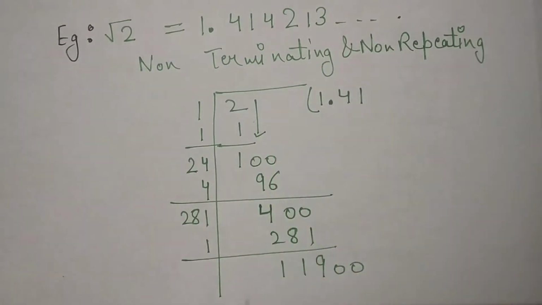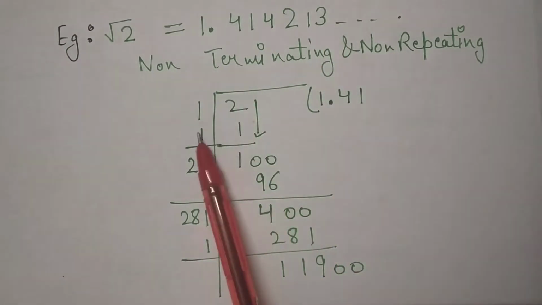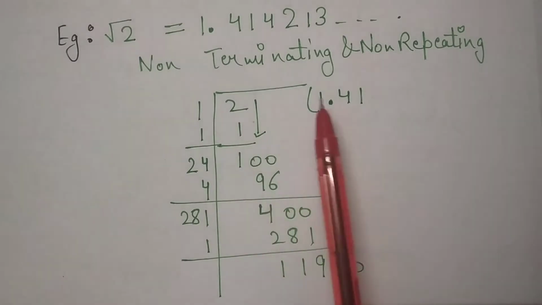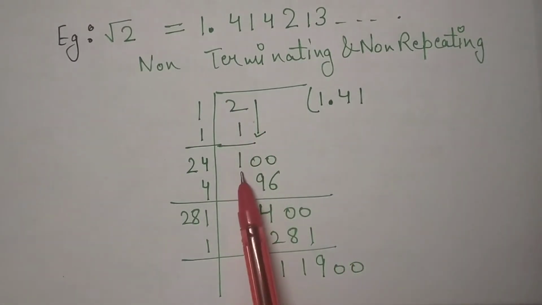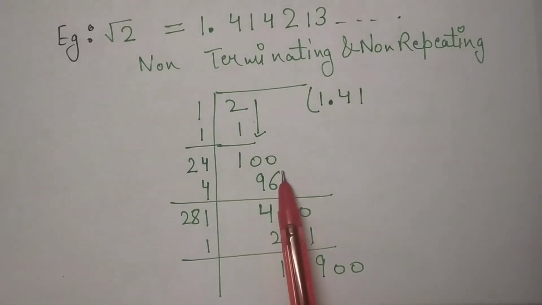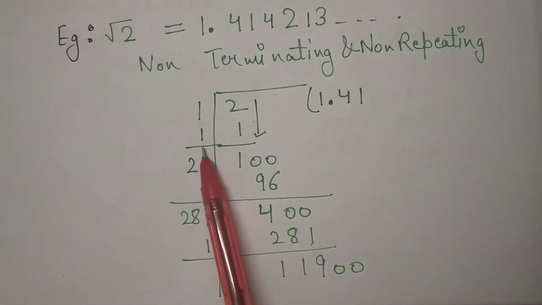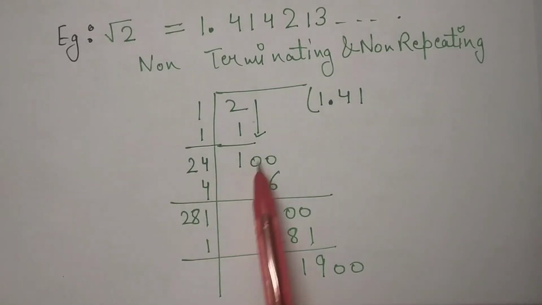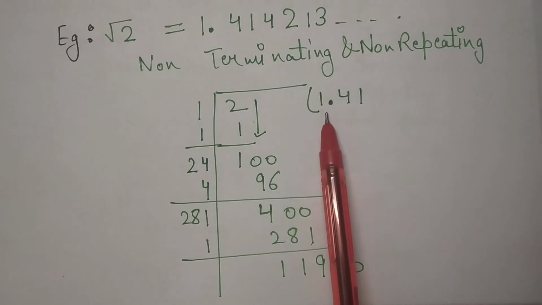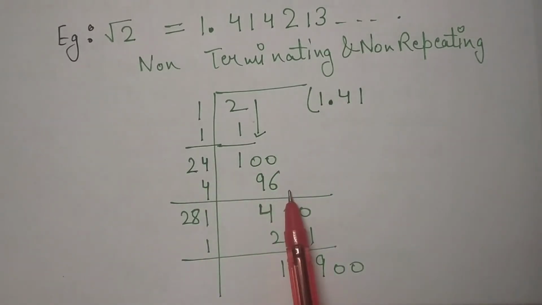1.414213. Here I have taken the square root, like at 1 I got 1, smaller than 2, and by subtracting it got 1, and then nothing was there, so I put double zeros and adding here 1 and 1, 2. At the fourth position I had put double zeros, therefore at the decimal point at the fourth position it was 96.